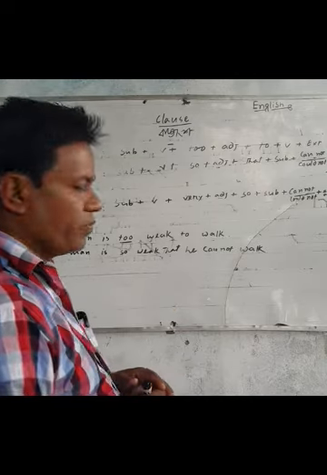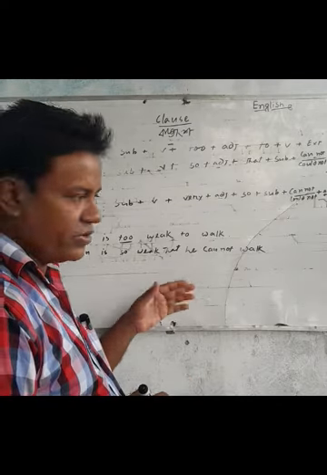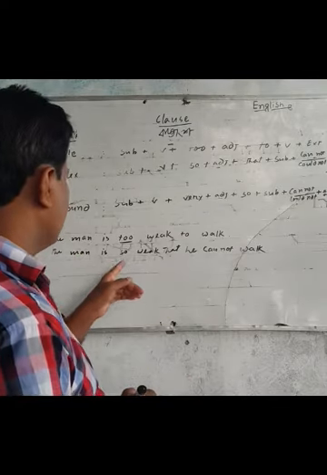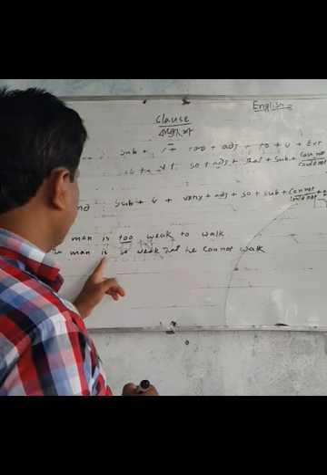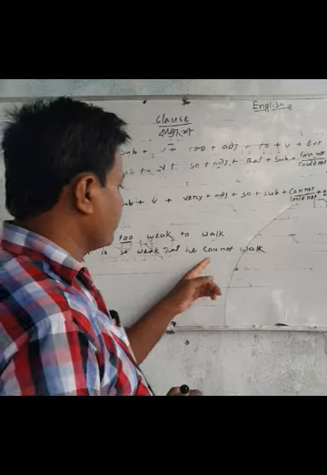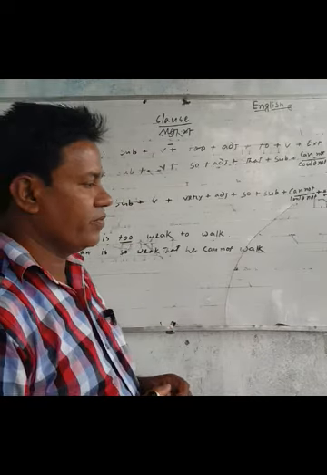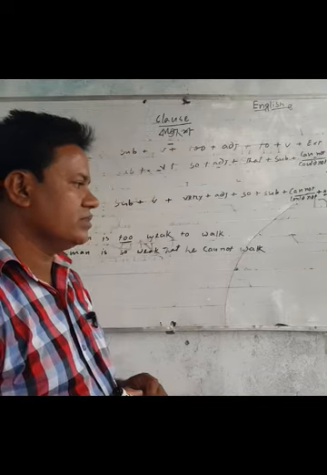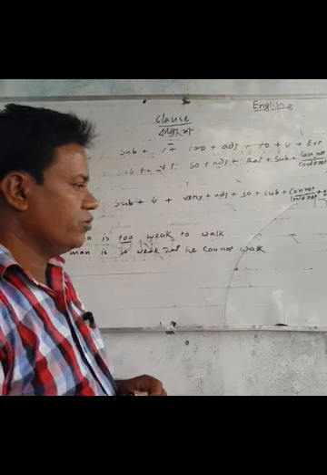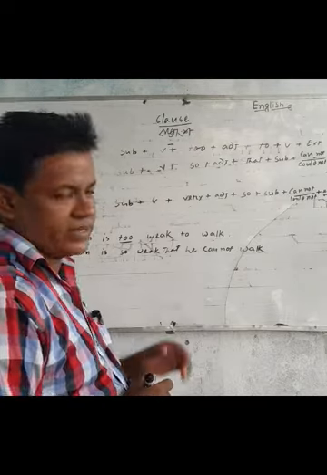Why is it complex? Here are some characteristics. Now I say here is a finite verb. Follow me. Here is a finite verb "is", and another finite verb "cannot walk". I said the definition of complex sentence: if any sentence contains two finite verbs, it is called a complex sentence.